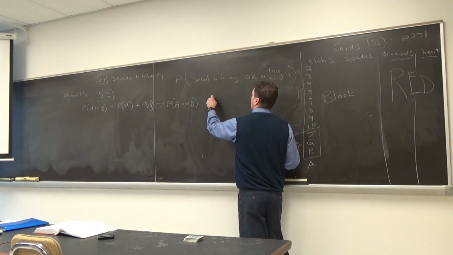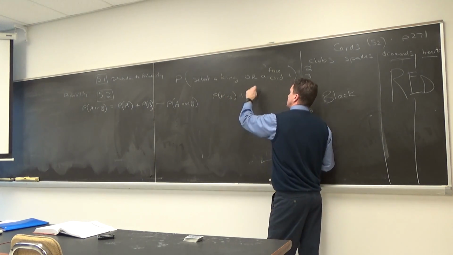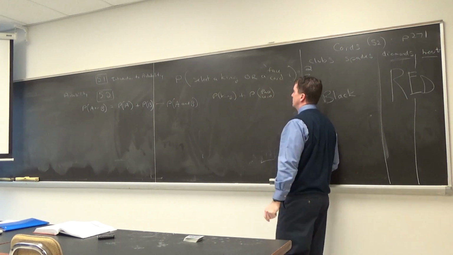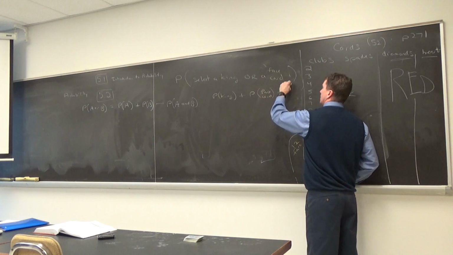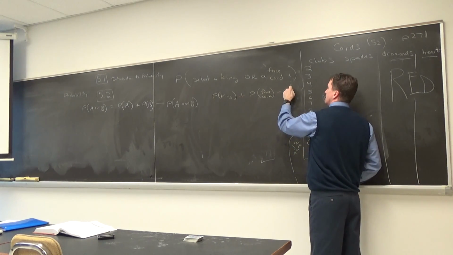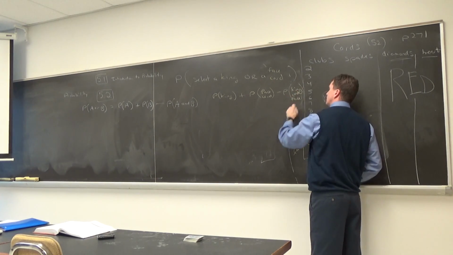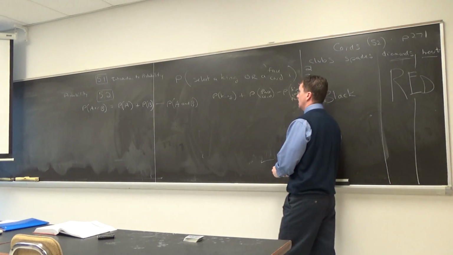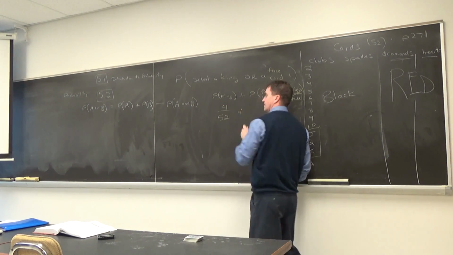So I'll do the probability of the king. I'll add the probability that it's a face card. But I have to subtract out the probability it's a king and a face at the same time. Okay? How many kings in the deck? 4.